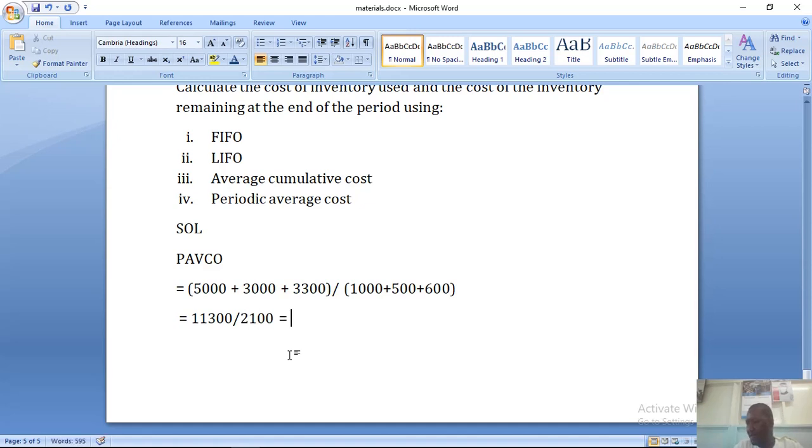So what's the average? Average is 5.381, 5.38. So all issues will be done at 5.38.